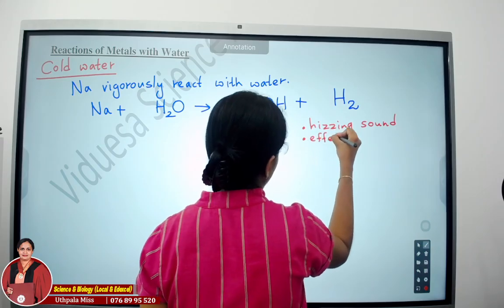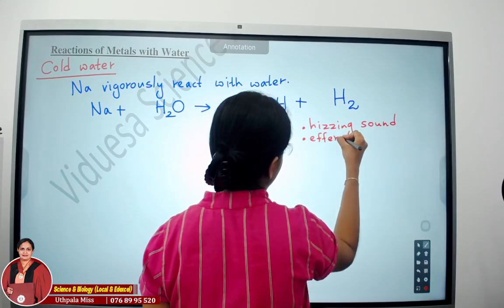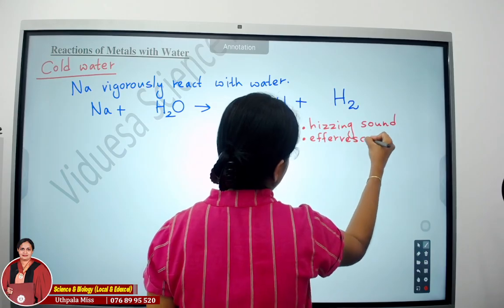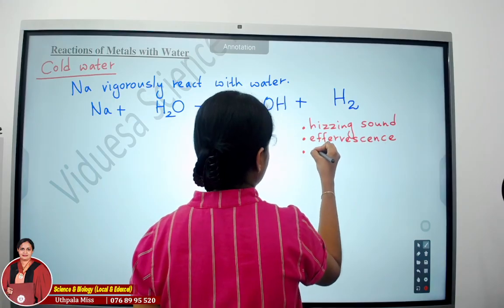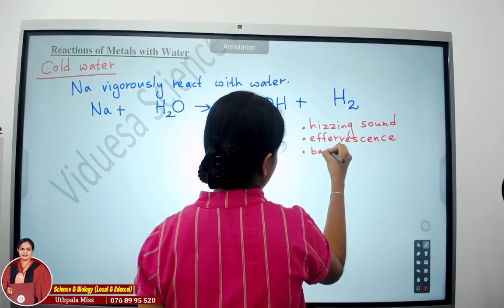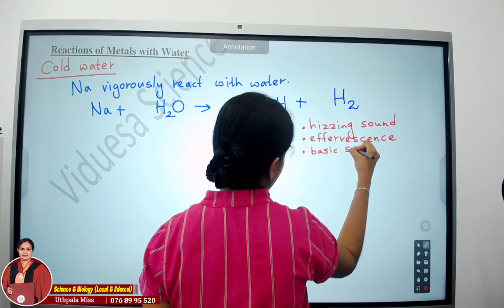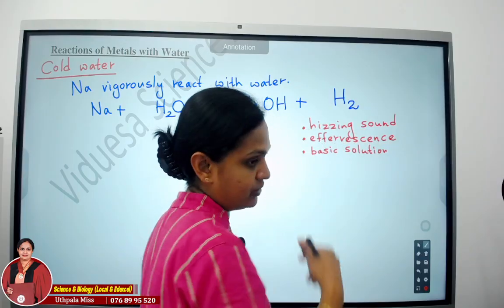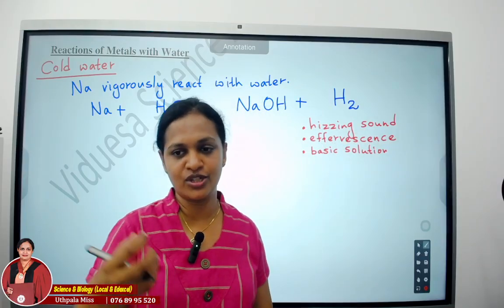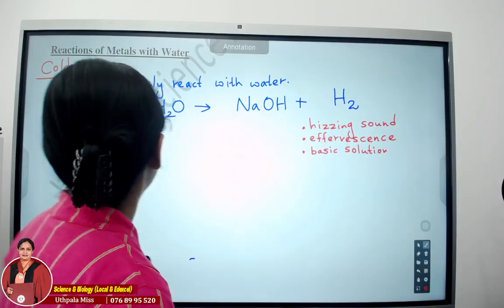We call that movement and the hissing sound effervescence. And it makes a basic solution. If you put phenolphthalein into this, the solution turns pink, right?